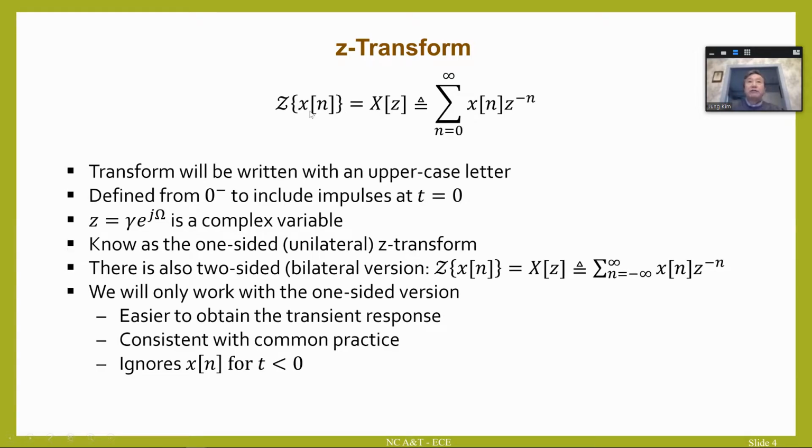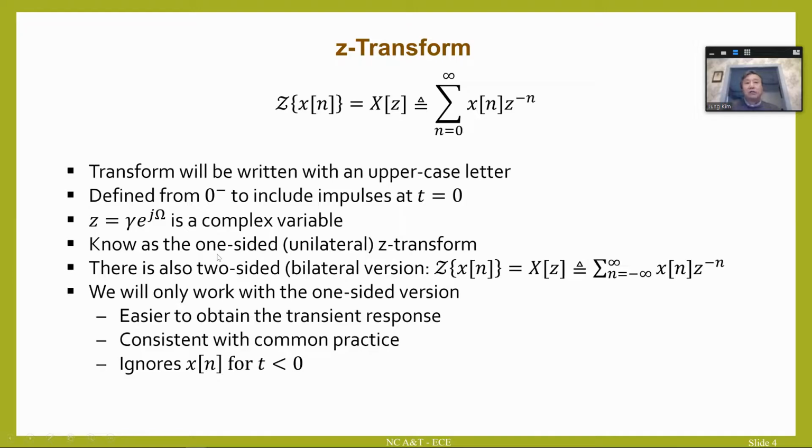Okay, so the Z transform is a transform for the discrete signal. For a discrete signal, instead of continuous integration, we use summation. So the summation of x of n, the discrete signal, times z to the minus n, that is X of z. That's the Z transform.